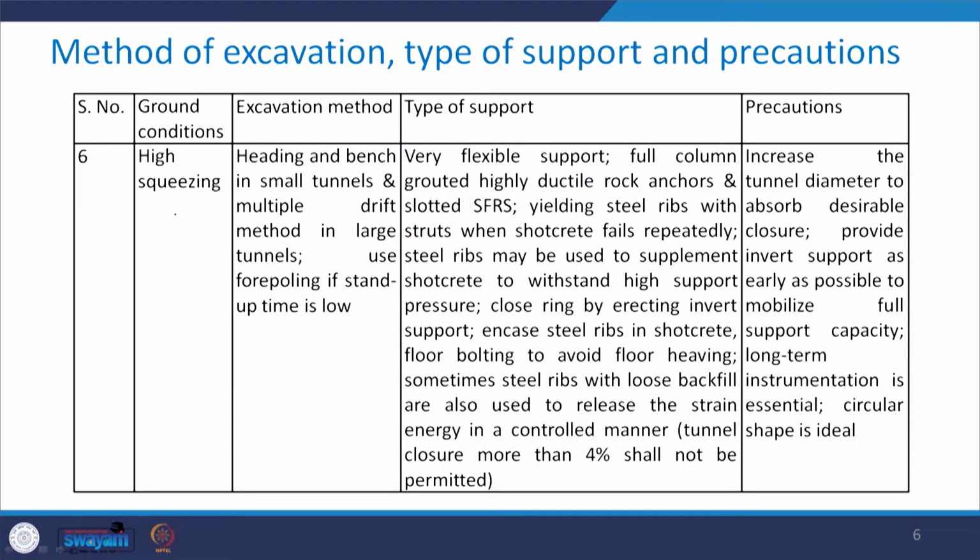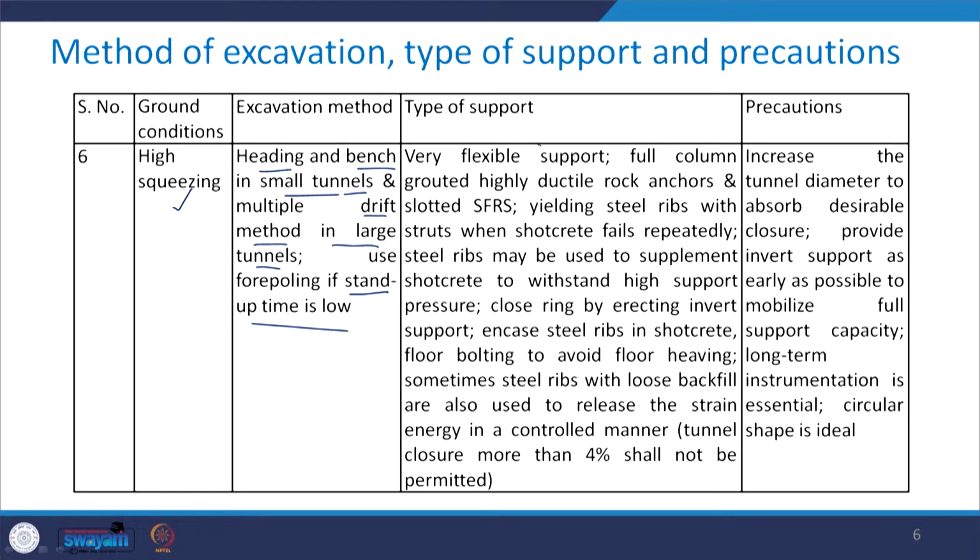Coming to the sixth ground condition, that is high squeezing condition. The excavation method that is recommended is to go for heading and benching in small tunnels and multiple drift method in large tunnels. One can use forepoling if the stand up time is very low.